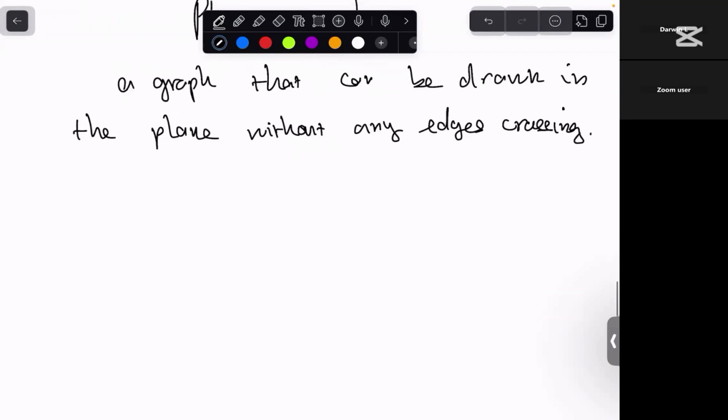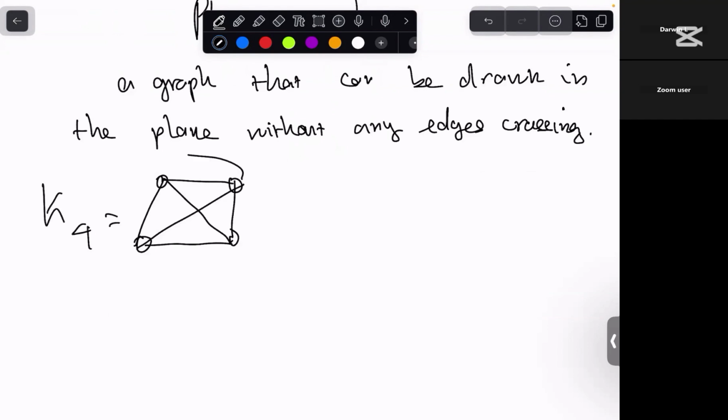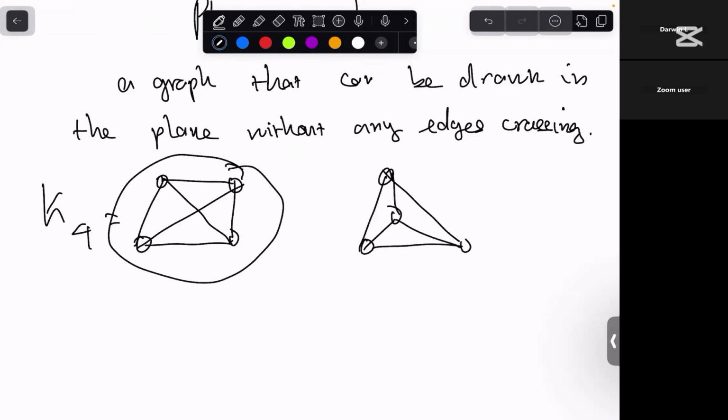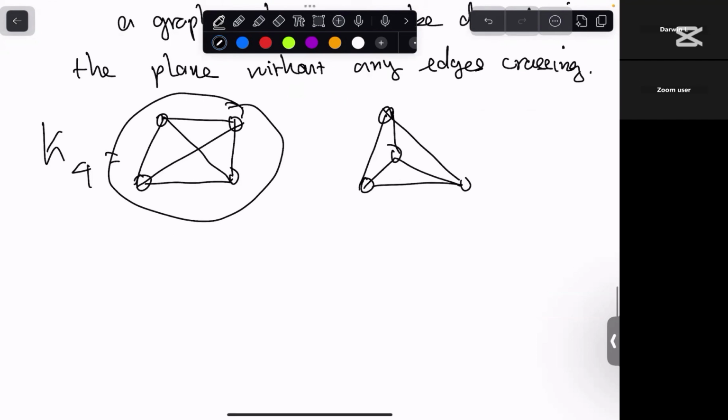For example, K4, which is drawn like this, is actually a planar graph because we can redraw it like this one, where no edges are crossing.